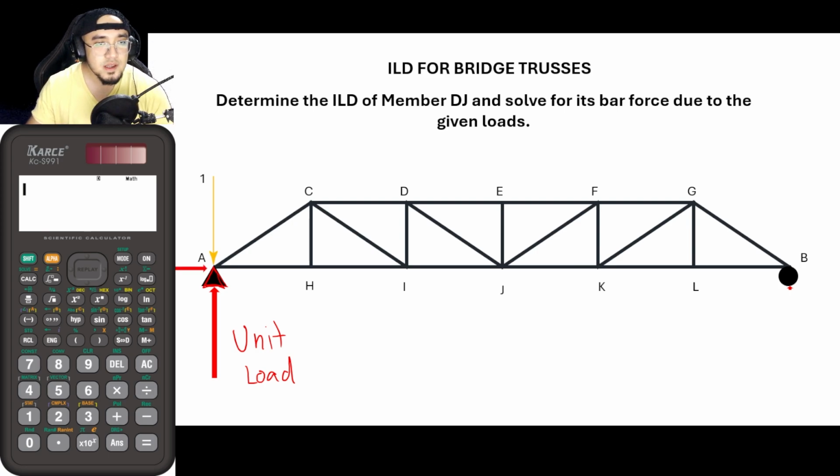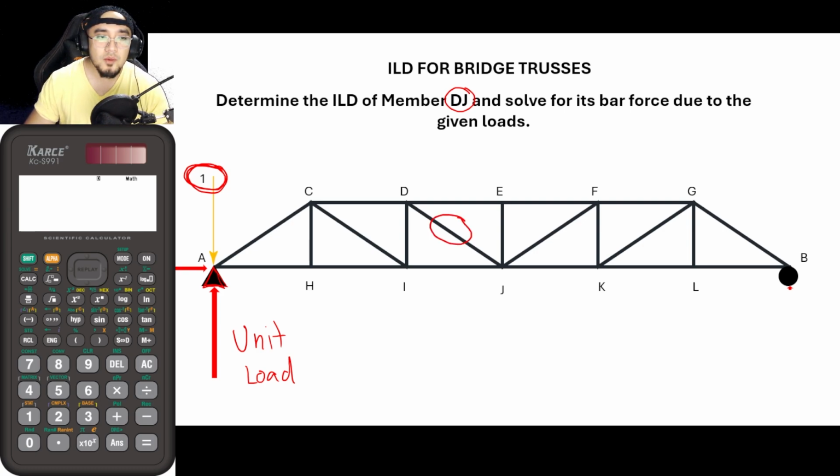So let's suppose that this is now the unit load with the initial location, which is at the leftmost corner of the truss. Since we are particular with the member DJ, upon placing this load here, what we would be doing is to solve for the bar force of member DJ.